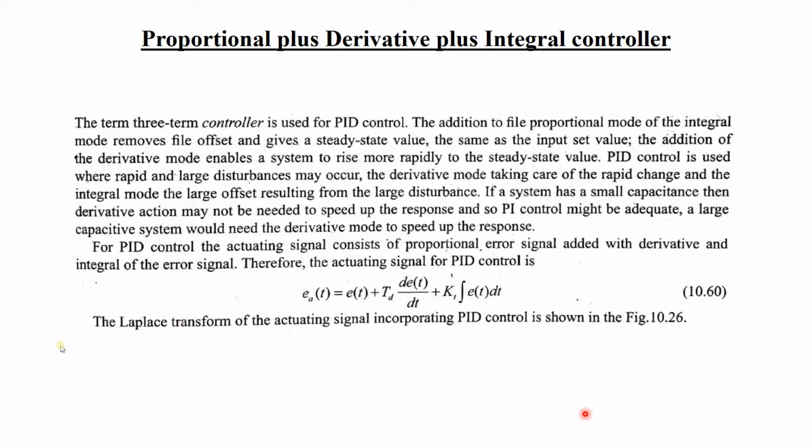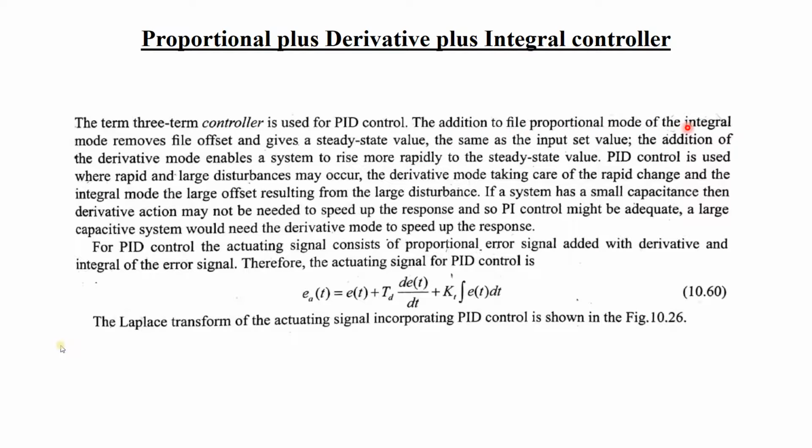But if only the proportional controller is used, then there will be too much overshoot. So to minimize that, we add the derivative controller to it. The derivative controller minimizes the overshoot.